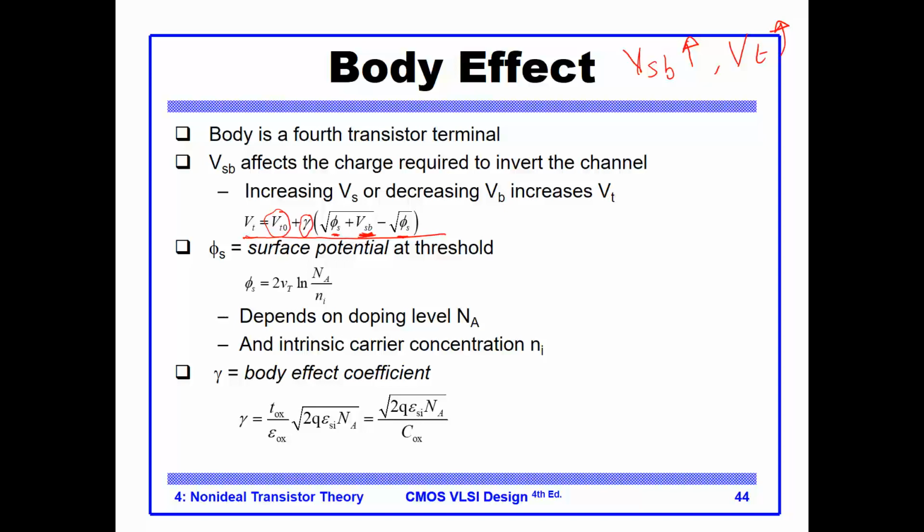Now this gives me the effective VT, and as VSB increases, you will notice that this term does increase, which eventually leads to the increase in VT. The surface potential is estimated as 2 times VT, well, this is not the VT which is the voltage, but the thermal voltage, times the logarithm of the doping level over Ni, and the body effect is estimated with this expression.